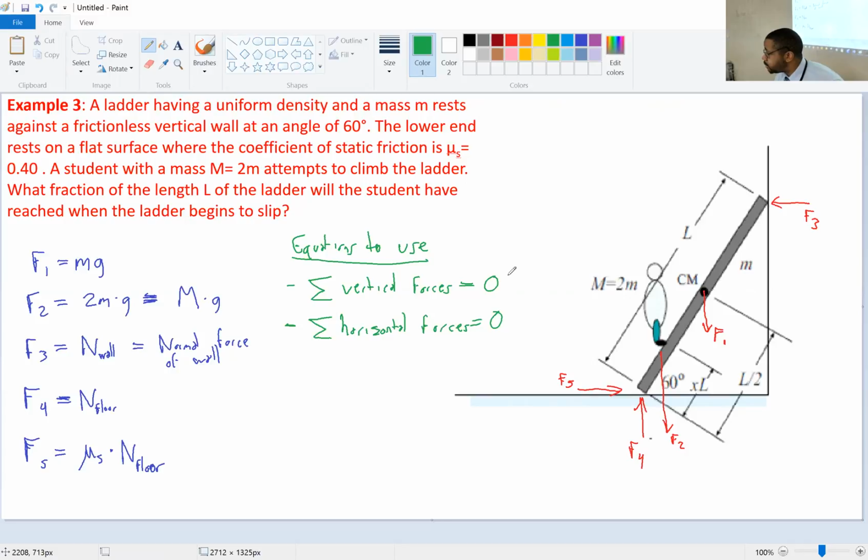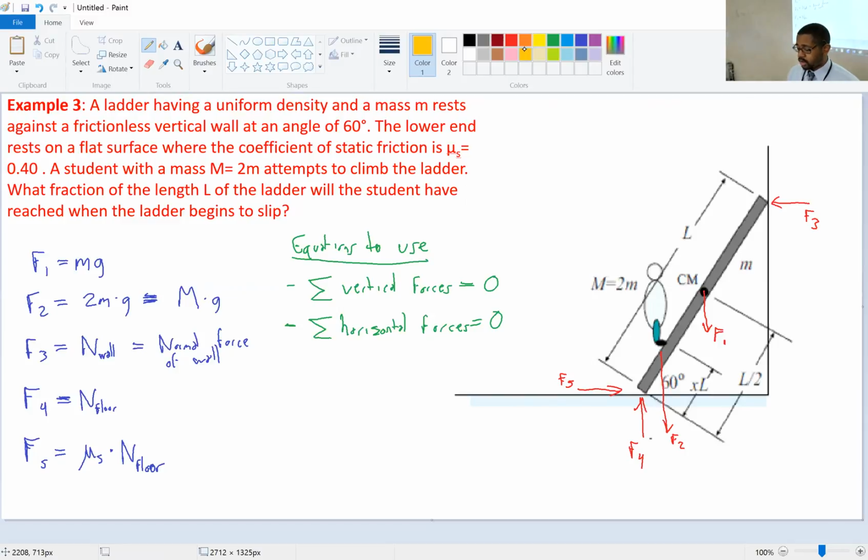And then another one that we could use, let me use this color.